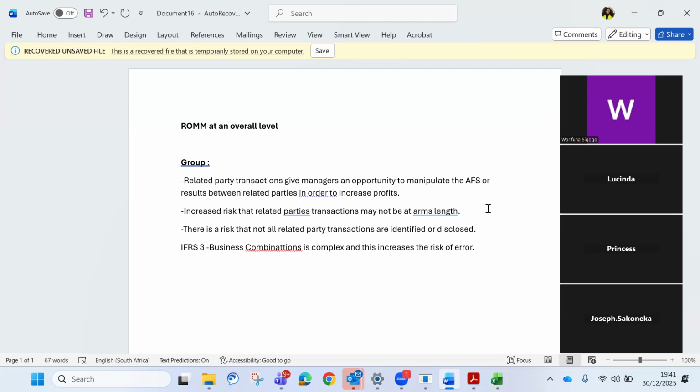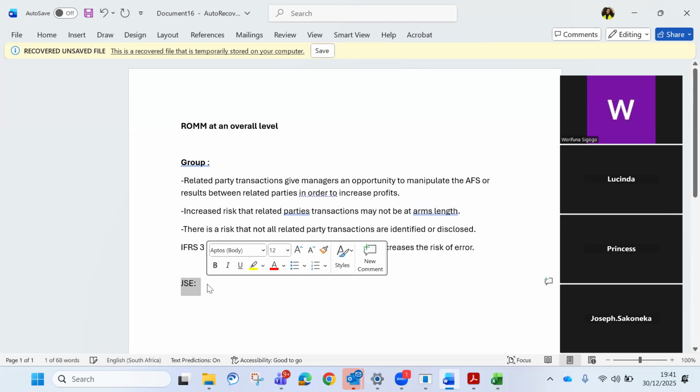Do you see that if you walk into this saying, okay, this is a group, this is what I must have? Another thing: if you see something listed on the JSE, you must not just have one thing. What are the things you might think of, that just by virtue of being listed on the JSE, I must say these are the risks that I'm seeing?